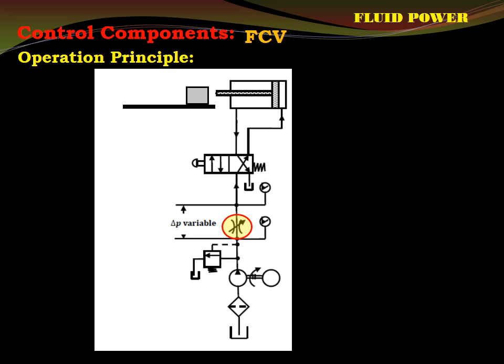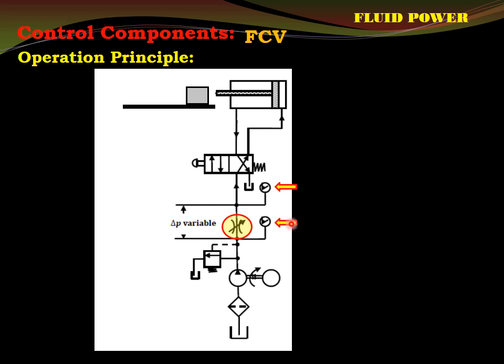I have not formally disclosed the graphical symbol, but you can come to know here how it's going to be. And as I said, it is nothing but an orifice with changeable areas, and pressure gauges are fitted across it, as it is being shown here.